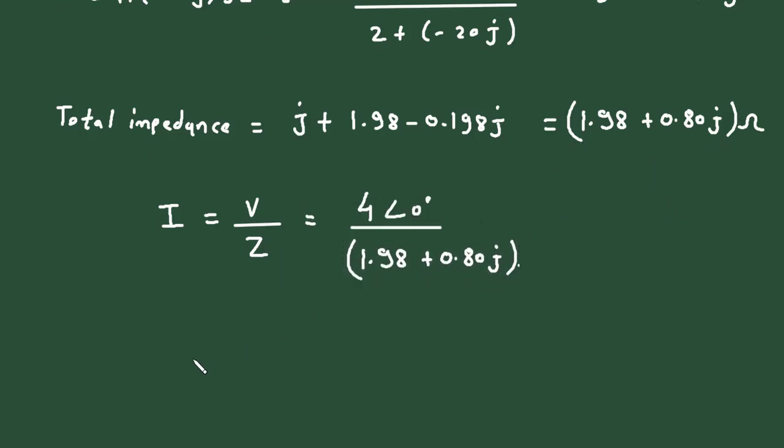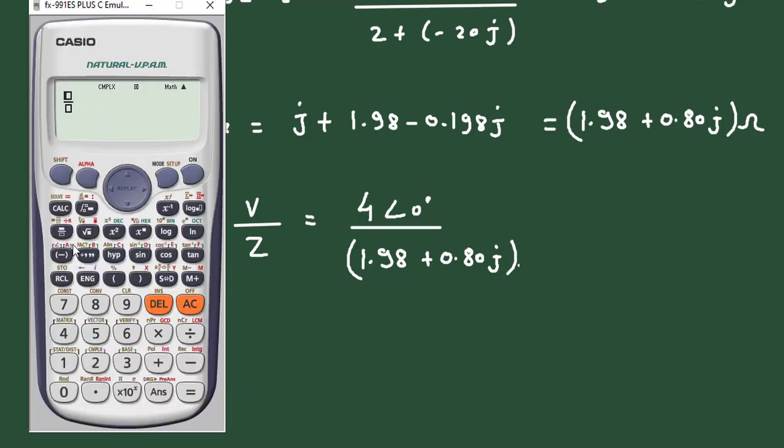We can solve this in calculator. So I is equal to 4 at an angle 0 divided by 1.98 plus 0.80j.